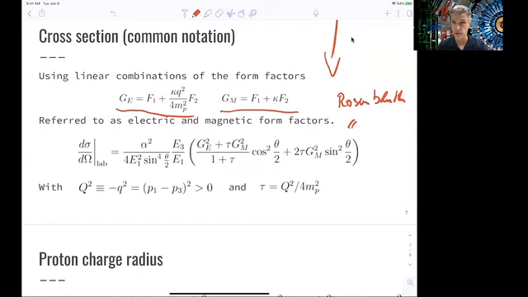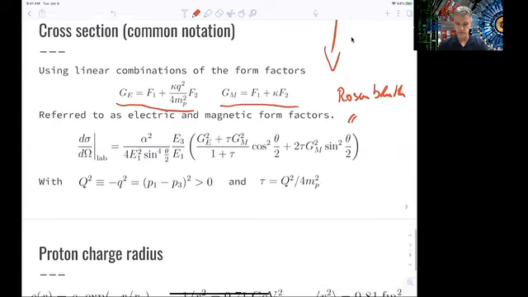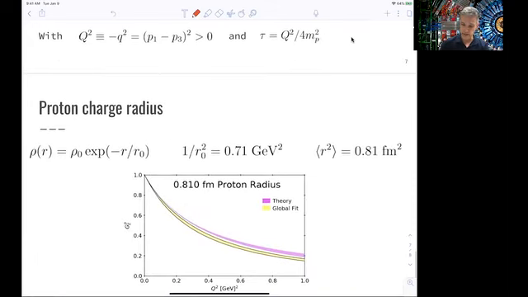So if we now measure the cross-section, we can infer the charge distribution of the proton, and with that, the charge radius of the proton. This has been done. And we find that the RMS, the root mean square radius of the proton charge, is 0.81 femtometers.